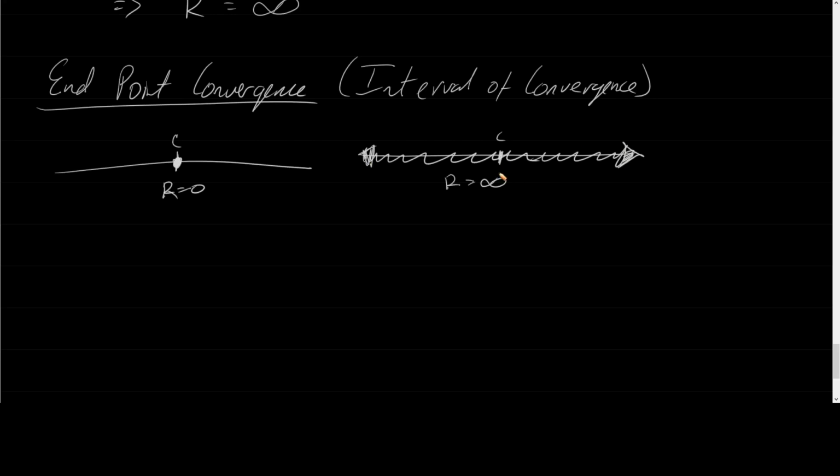The other scenario, the third scenario, is what if the radius is an actual value? So let's say that the radius is fixed and it's somewhere between 0 and infinity, but it's not 0 and it's not infinity. What does that scenario look like? Well, turns out we have a couple of different scenarios there.